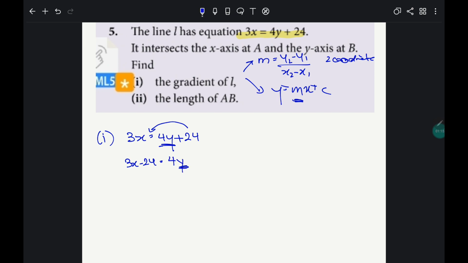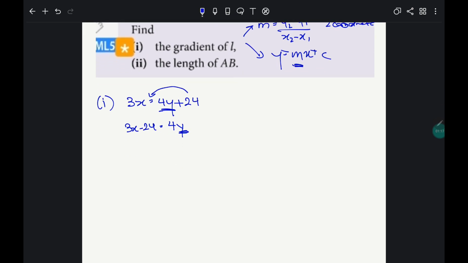I want y to be alone. Therefore, bring over 4. The relationship here is times, so bring over becomes divide. So 3x divided by 4 minus 24 divided by 4 equals y. Let's rearrange that: y equals 3 over 4 x minus 6.